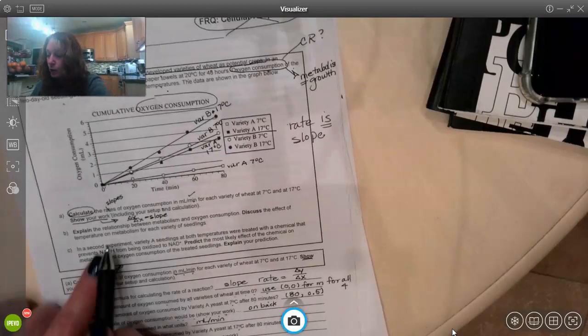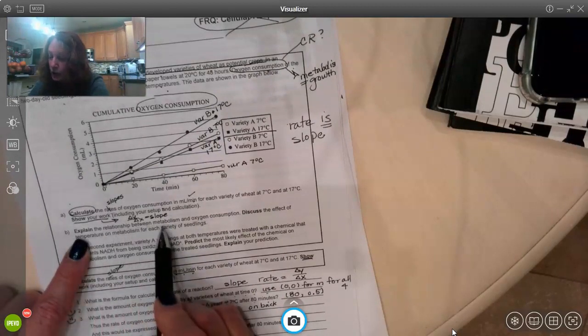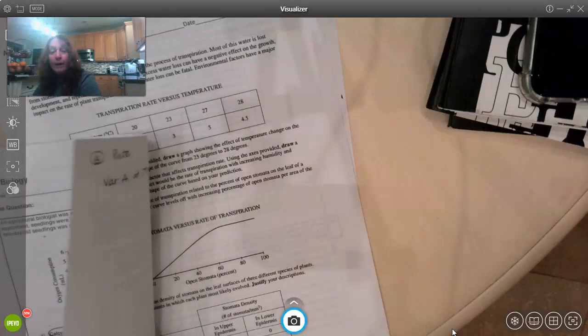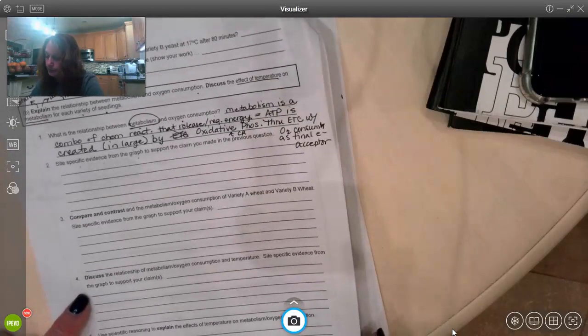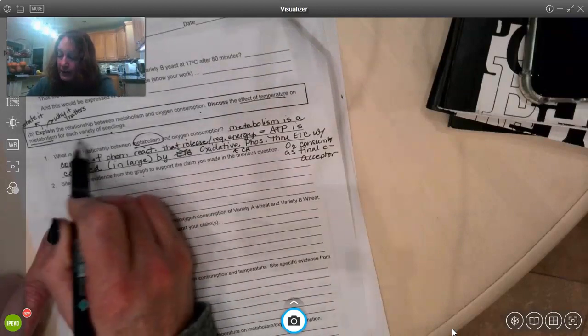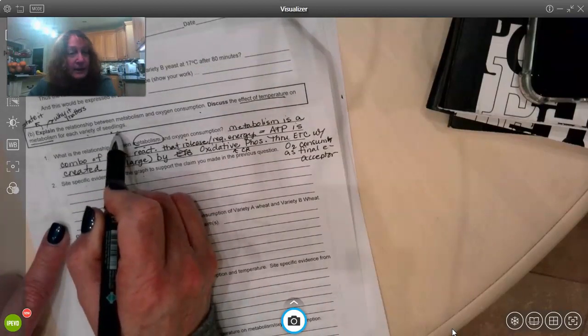So here's what we have. The relationship between metabolism and oxygen consumption. So the one thing we did not do, because it hasn't been asked to me yet, I'm wondering, yes. Okay, we'll get to it. The effect of temperature on metabolism for each variety of the seedlings.